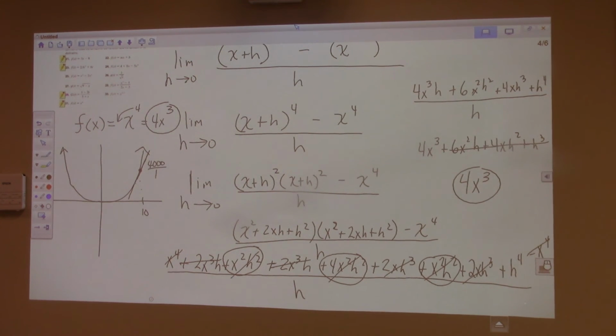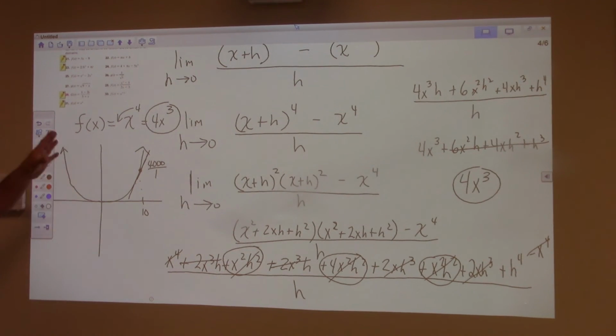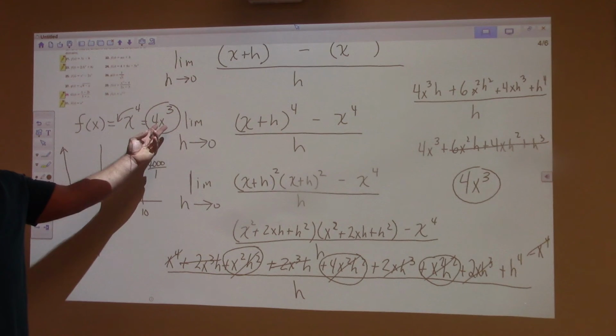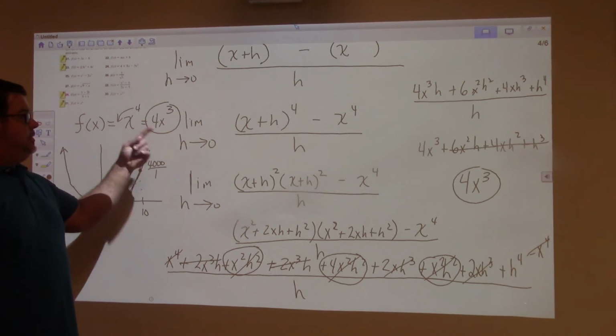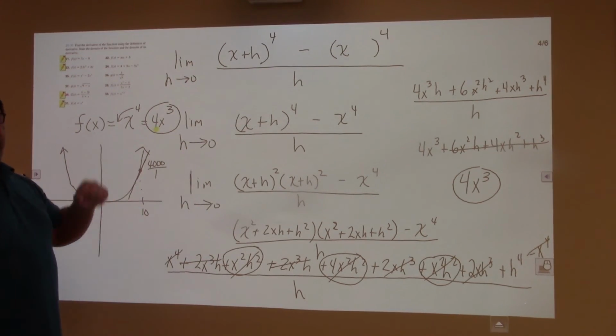I'm only doing this to show you the application for finding this number right here. Most of the time on a Calc 1 test, all I would do is give you this, and you show me how you got this.